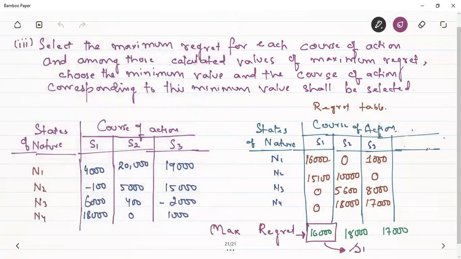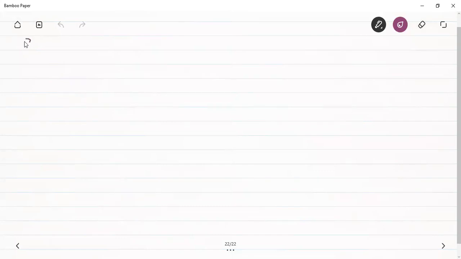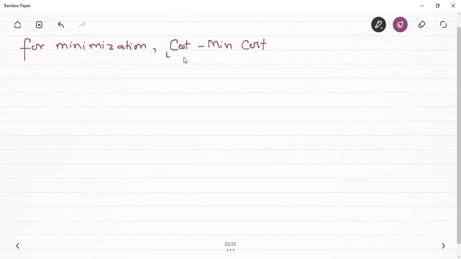So for minimization, what we have to calculate is cost minus minimum cost, and then calculate the regrets.